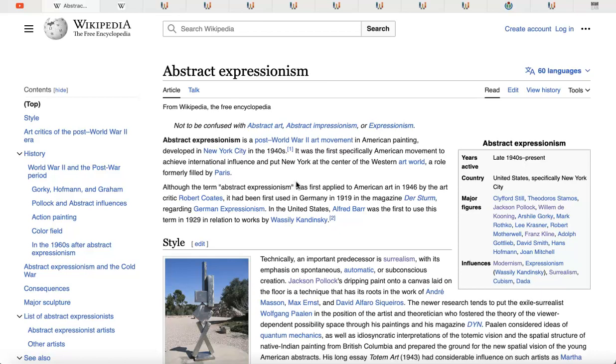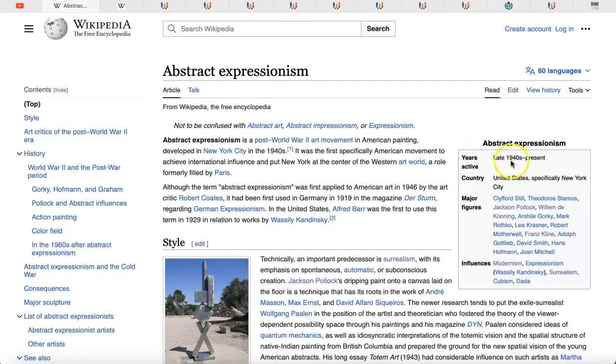Abstract Expressionism is a post-World War II art movement in American painting, developed in New York City in the 1940s. It was the first specifically American movement to achieve international influence and put New York at the center of the Western art world, a role formerly filled by Paris.